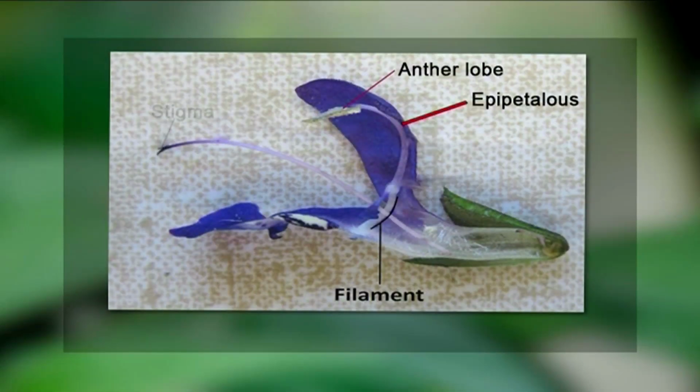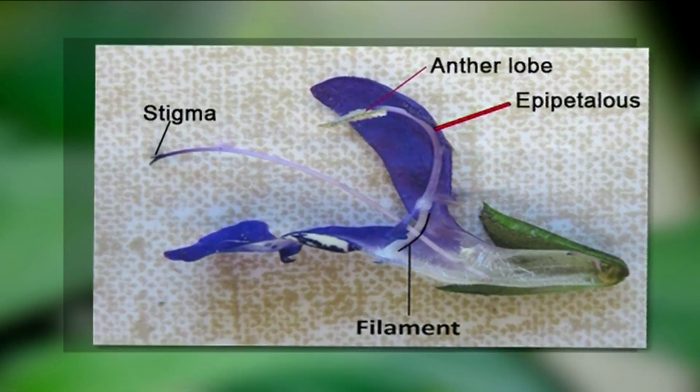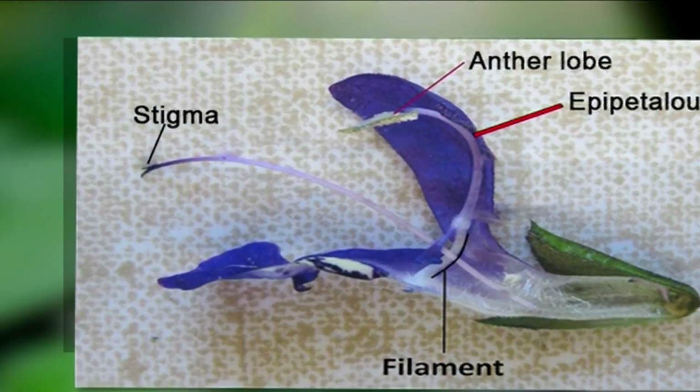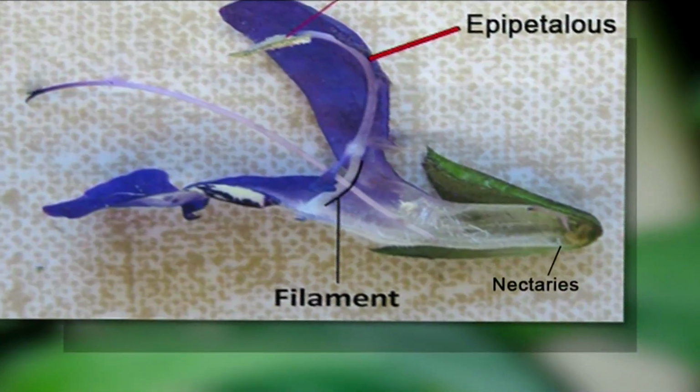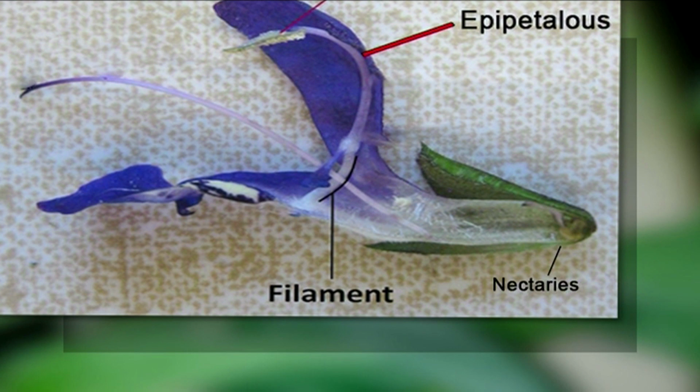Now the stigmas are 2, and always they are papillate. They are tiny, inconspicuous at apices of style branches. The nectaries in the case of Lamiaceae are present at the gynoecium, where they are present as a disc, or they can be present as a pad of tissue at the base of the ovary.